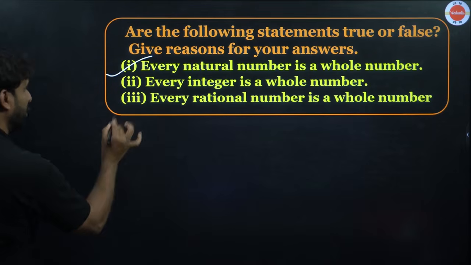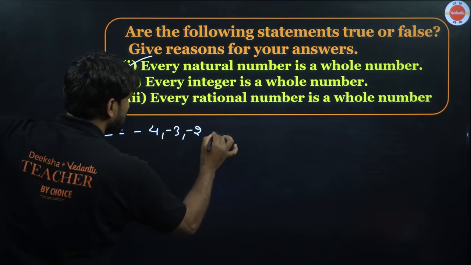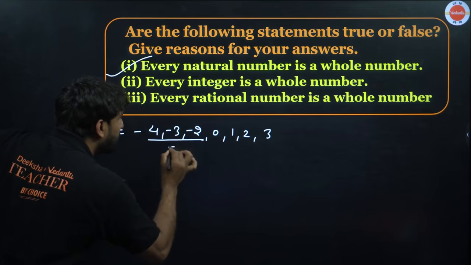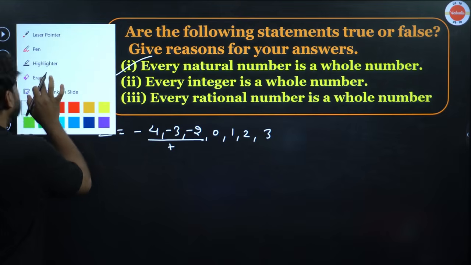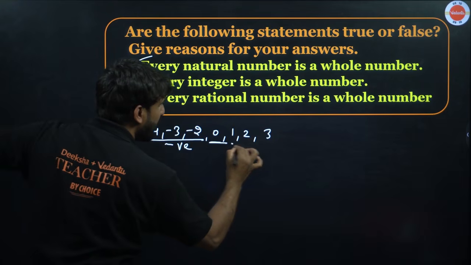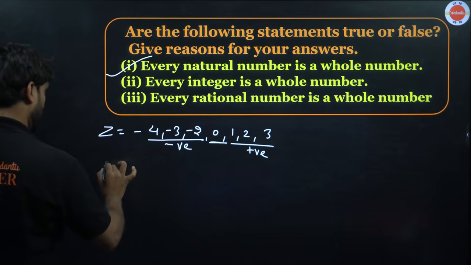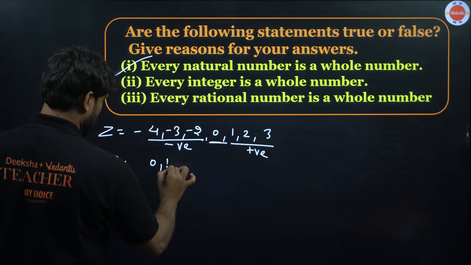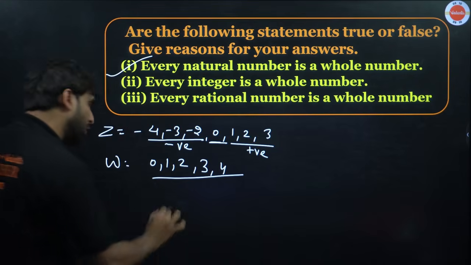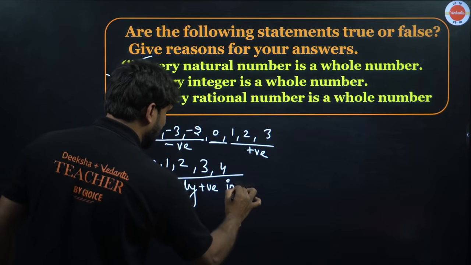Integers are -4, -3, -2, 0, 1, 2, 3 and so on, so negative numbers, 0 and positive numbers are there. But whole numbers are 0, 1, 2, 3, only positive numbers including 0.